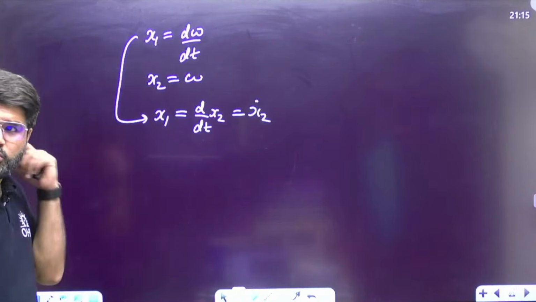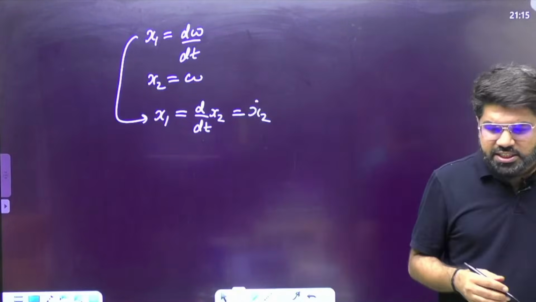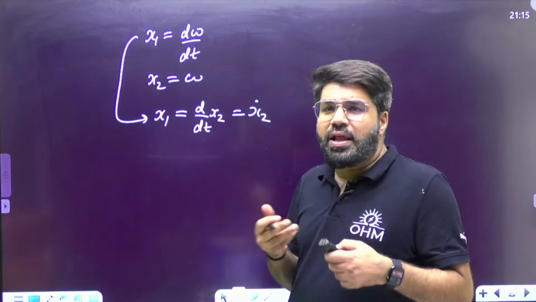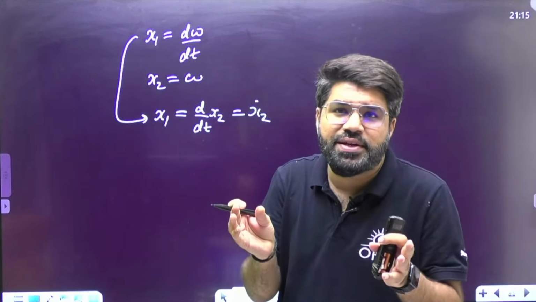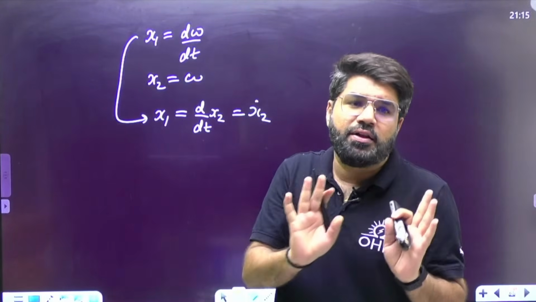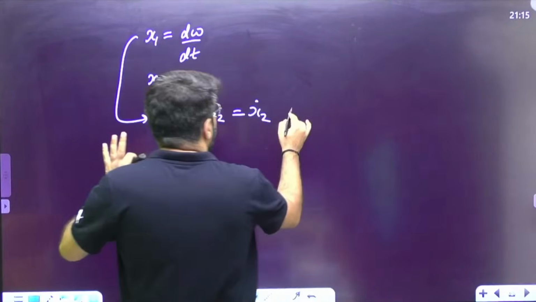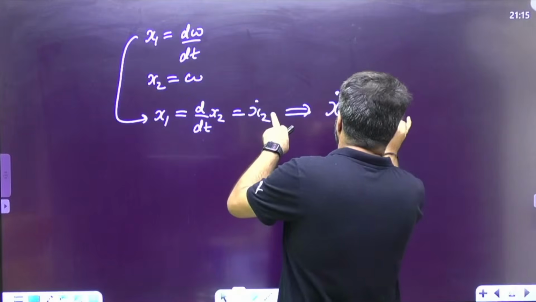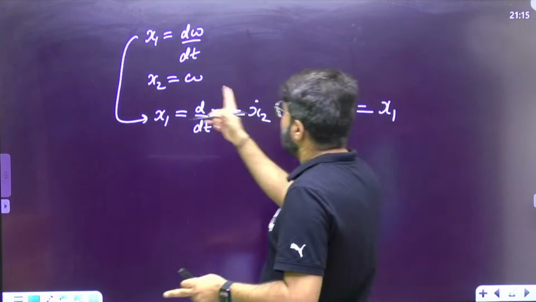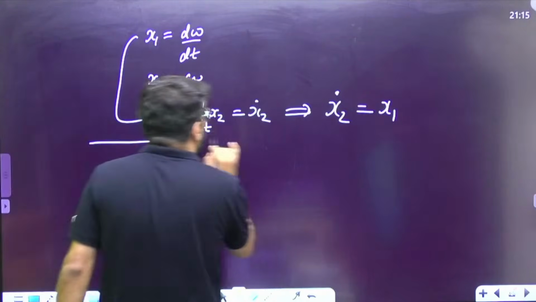So x1 is x2 dot. Whenever we form a state space model, we will never have a second or any higher order equation. The system is arranged as only first order equations, where all derivatives are written on the left side. So x2 dot equal to x1. Write down the derivative on the left side, the rest on the right side. Now this is one relation.